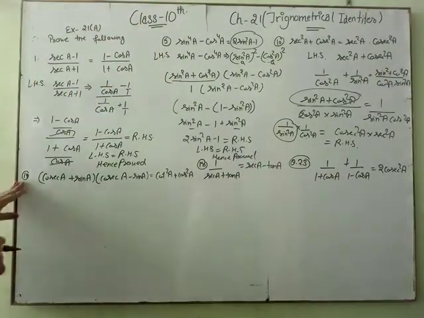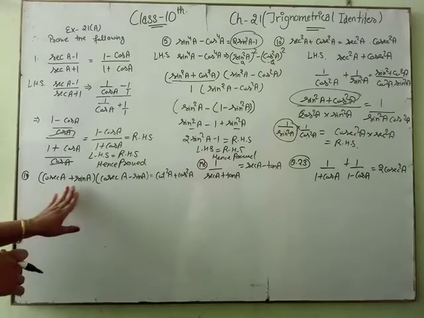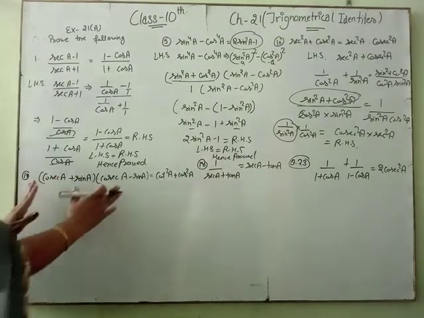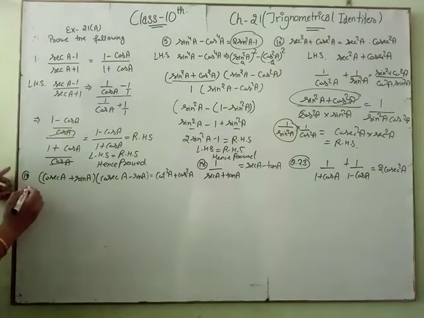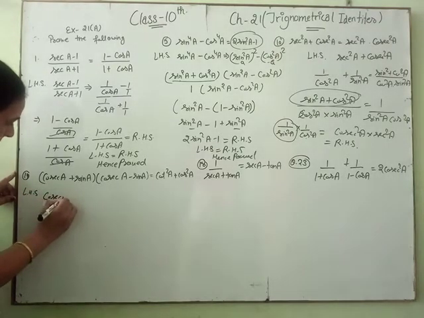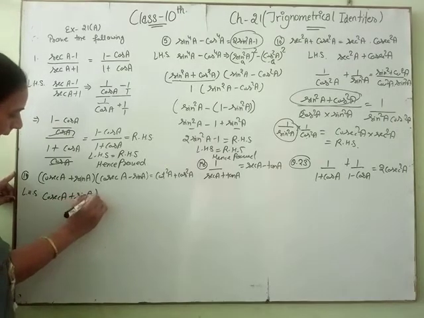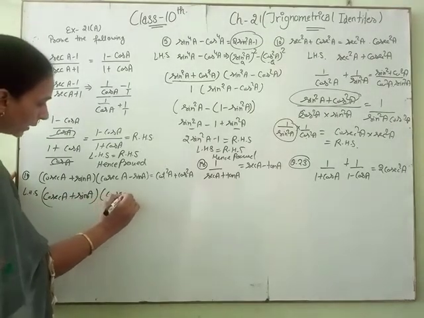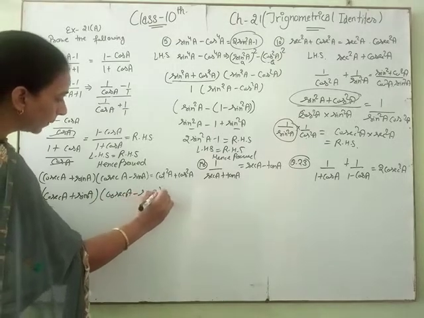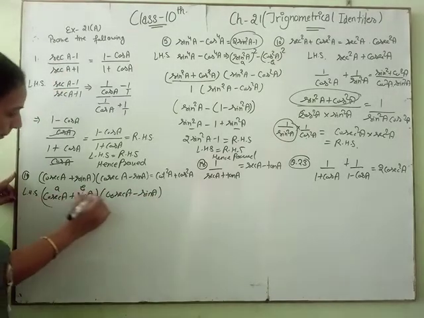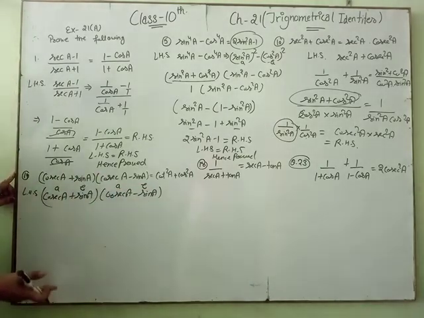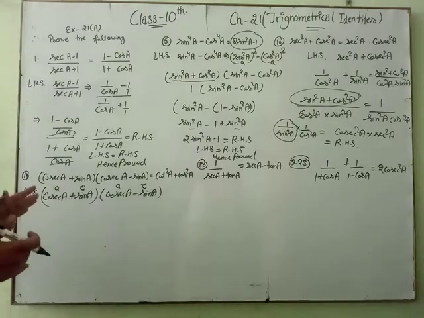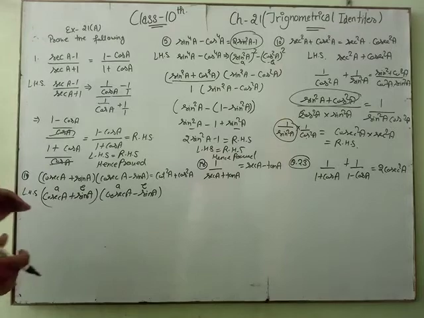Next is question number 14: cosecant A plus sin A, cosecant A minus sin A, the product of this equals cos square A plus cos square A. I take the left hand side, cosecant A plus sin A and cosecant A minus sin A. Students, if we take this A, this B, what is this? A plus B, A minus B. This is the result: A plus B, A minus B equals A square minus B square.